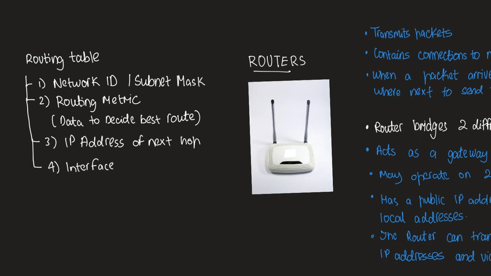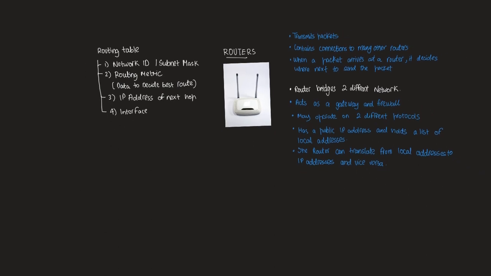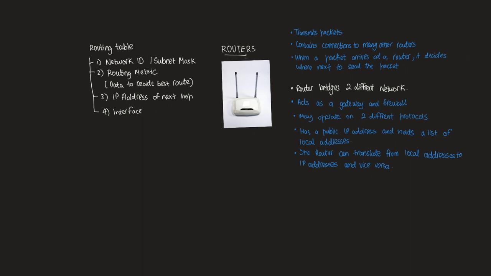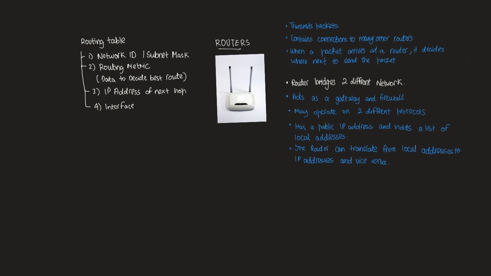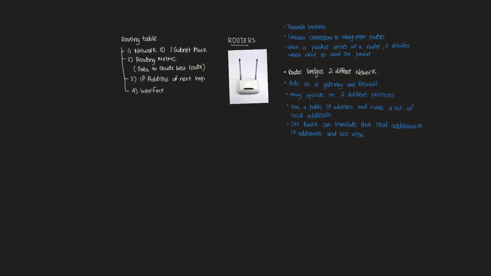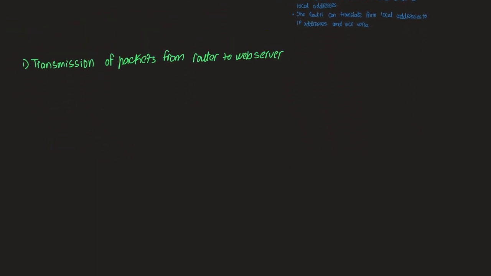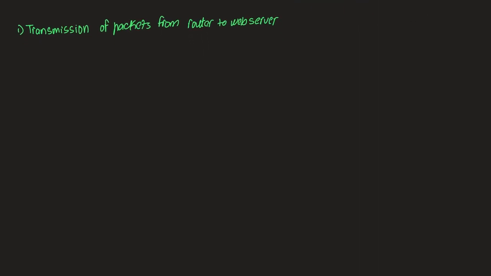Now we will be looking at the working of a router. First, in the transmission of packets from the router itself to a web server, and then in an email from one email server to another. Right. So there are a few steps here which you might benefit from remembering.